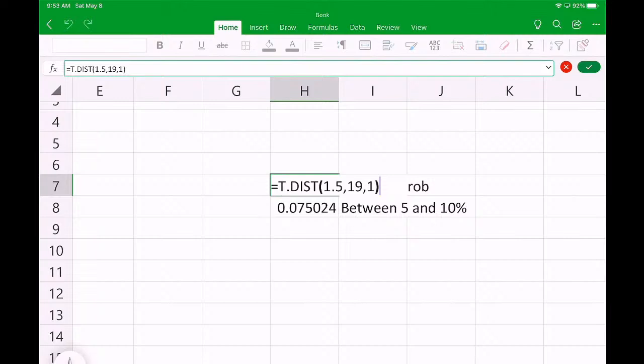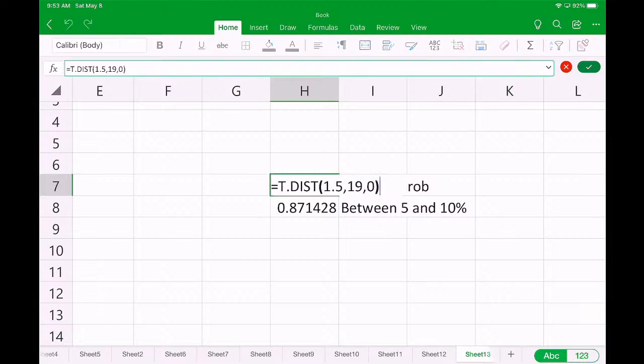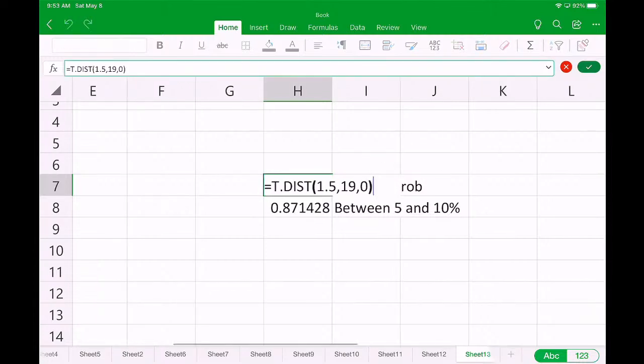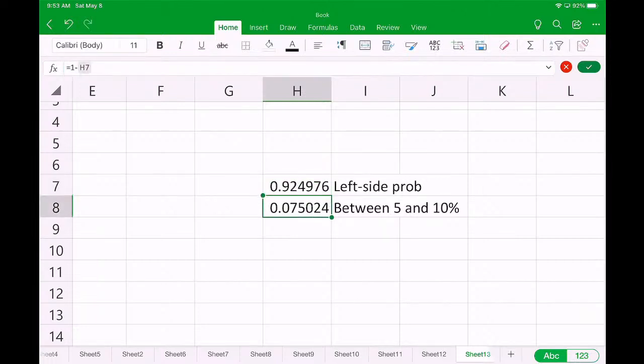If I don't say cumulative, what do I get if I say 0? Not cumulative. Does it give me the right side? No, it just gives me something that I don't even know what that is. I went through this before. I'm a little bit confused what it's giving me, but I want the cumulative because that's the left side. And then I get the right side by doing 1 minus.